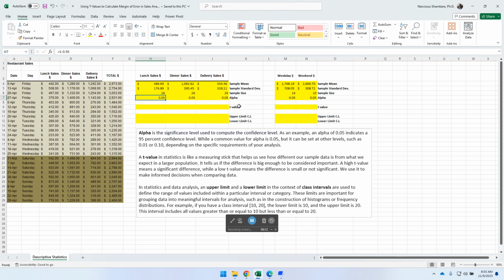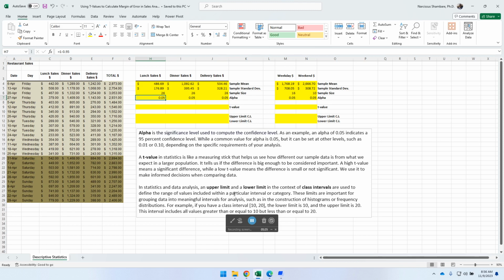So that's why the t-value is a very important statistic that we need to use for that particular purpose, because without it, we won't be able to calculate the upper limit or the lower limit. So again, just revisiting what the upper limit is: it's just the range right there, the highest possible sales we expect, and the lowest possible sales.